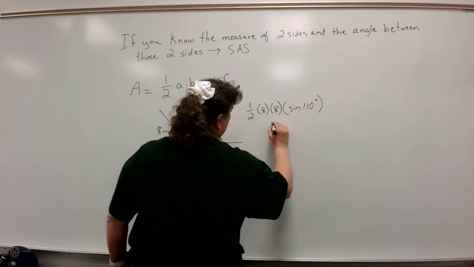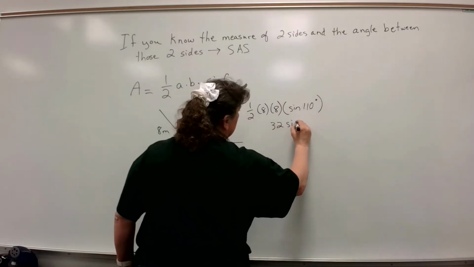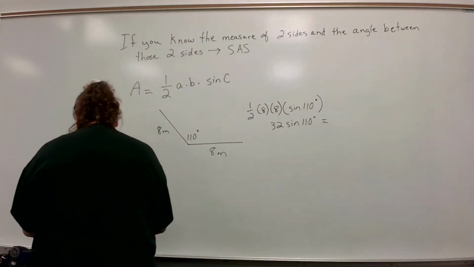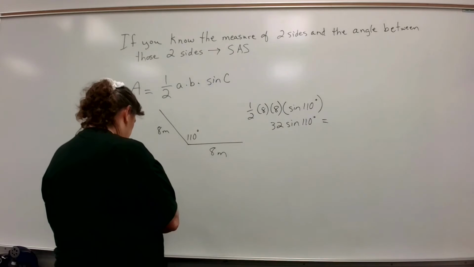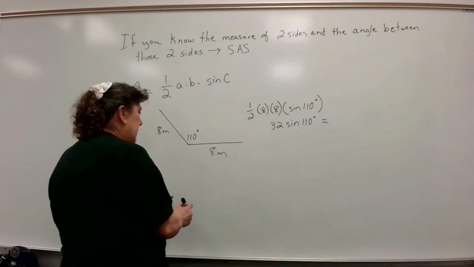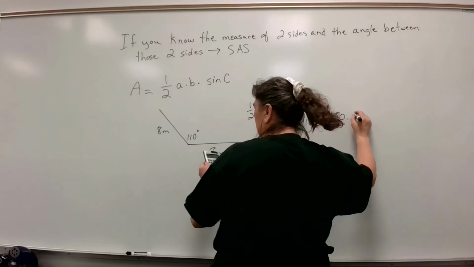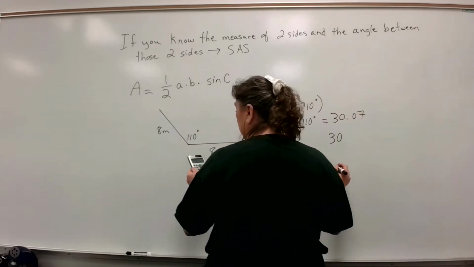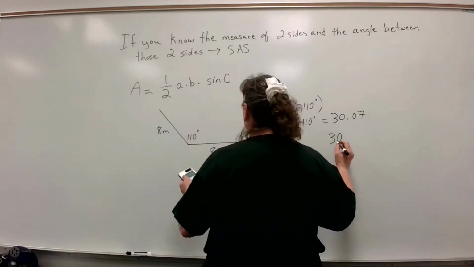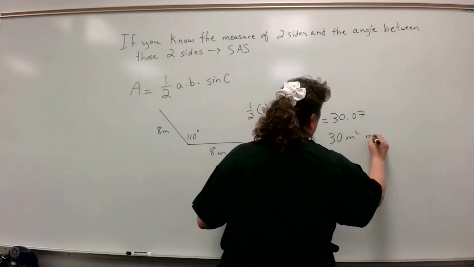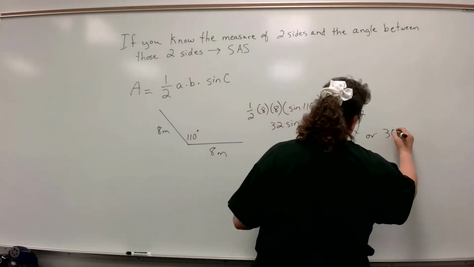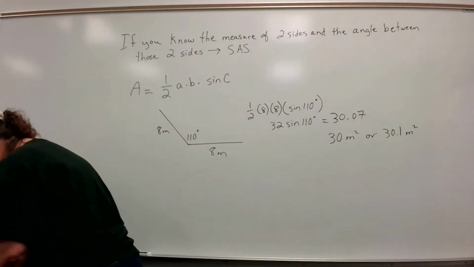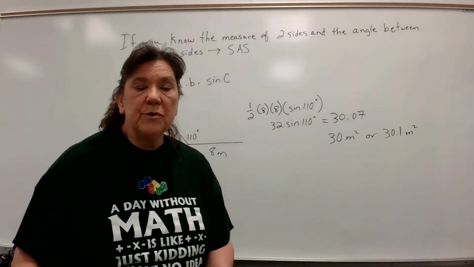So that will be 32 sine 110 degrees equals 30.07. So if they want a whole number, it's going to be 30 meters squared. Or if they want round to the tenth, it would be 30.1 meters squared. So your rounding is important on this. Okay, that's the end of the trig formula.